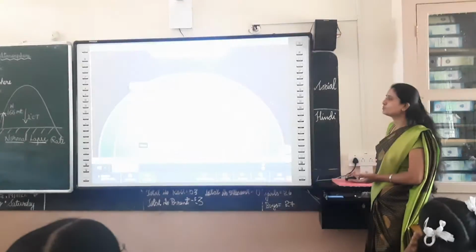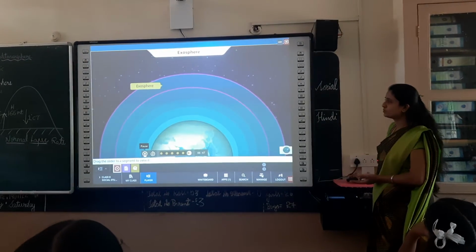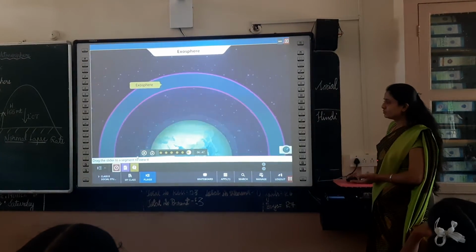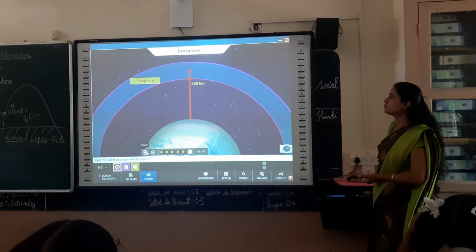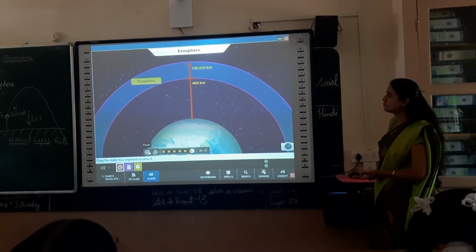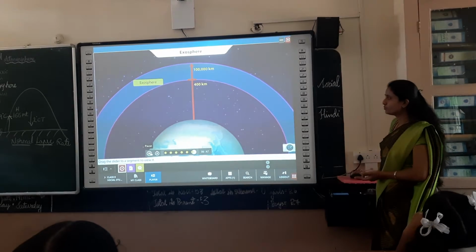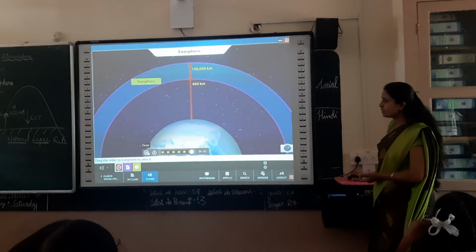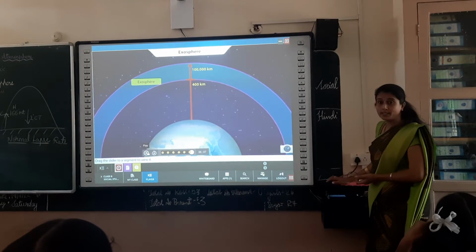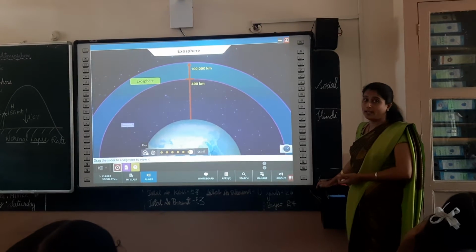The uppermost layer of the Earth's atmosphere is the exosphere. It stretches from about 400 kilometers to approximately 100,000 kilometers and beyond, almost halfway to the moon. Exosphere is considered the outermost layer.